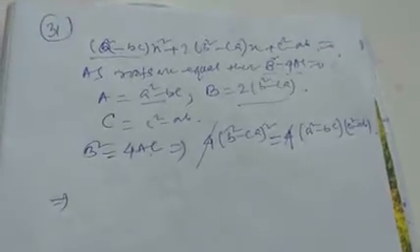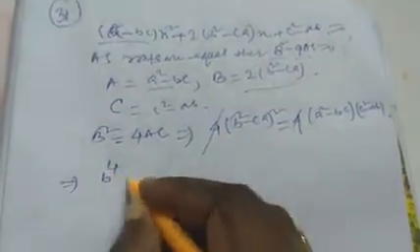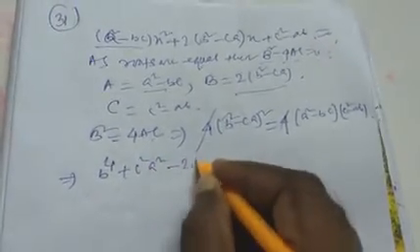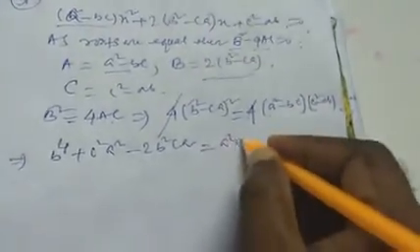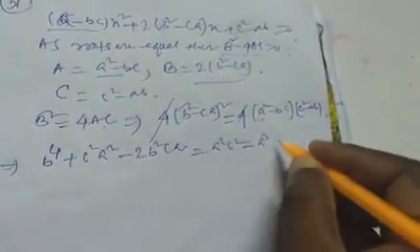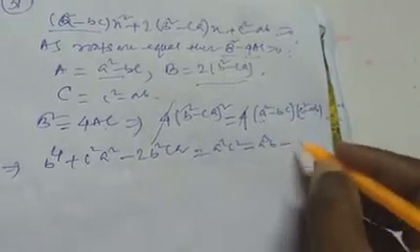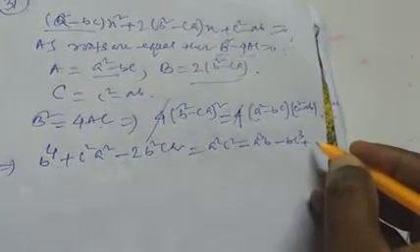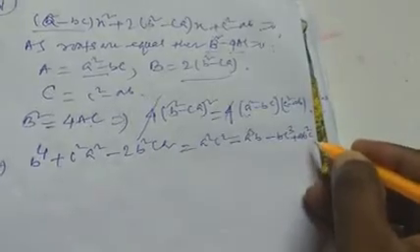Break the whole square and multiply the right hand side: b to the power 4 plus c square a square minus twice b square ca. And now a square c square, a square ab means a cube b, and now b cube c, and plus a b square c, a b square c.